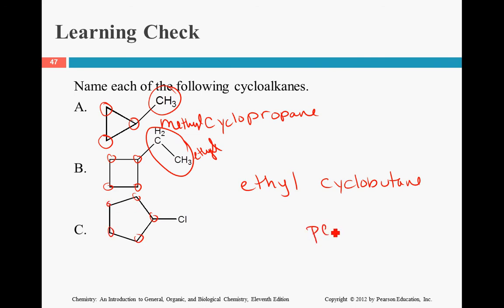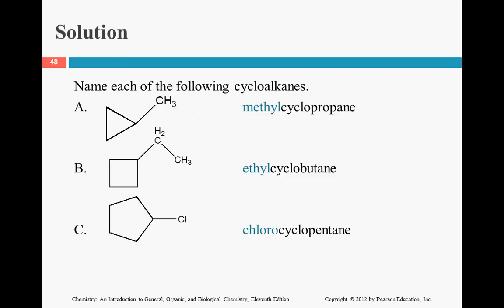That becomes pentane, all in a circle, so it's cyclopentane. Our substituent is chloro, so it becomes chlorocyclopentane. Methylcyclopropane, ethyl group on a 4-carbon chain that's in a circle. Chlorine on a 5-carbon chain that's in a circle.